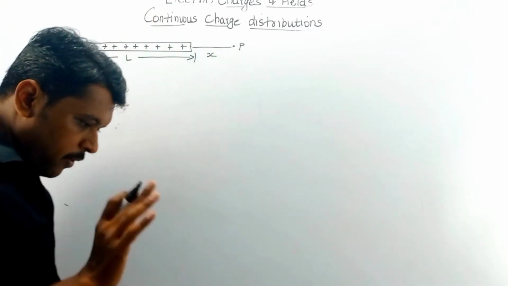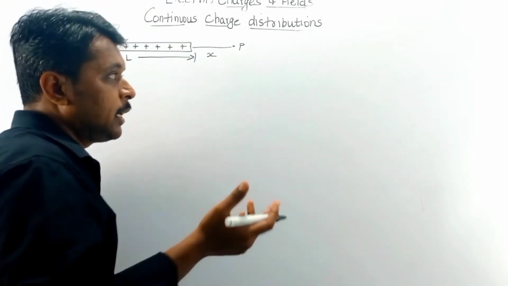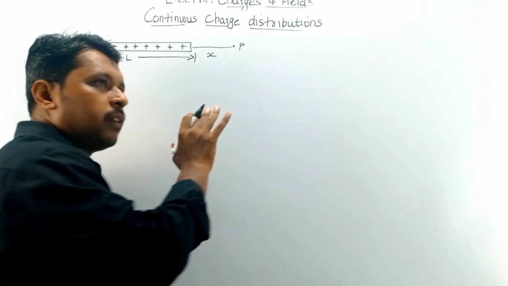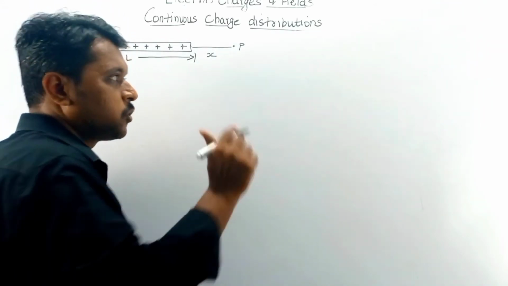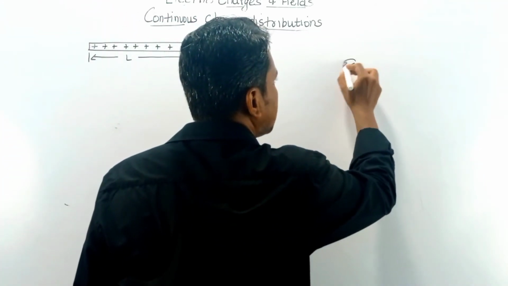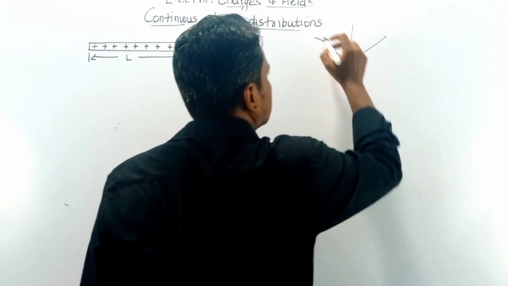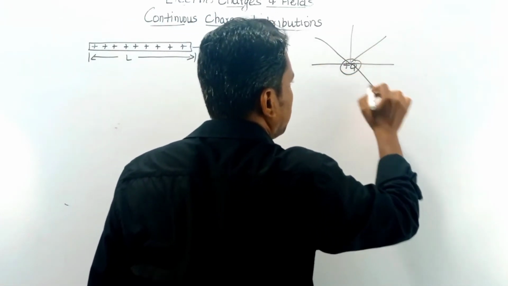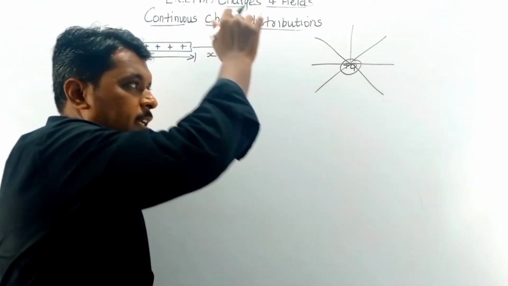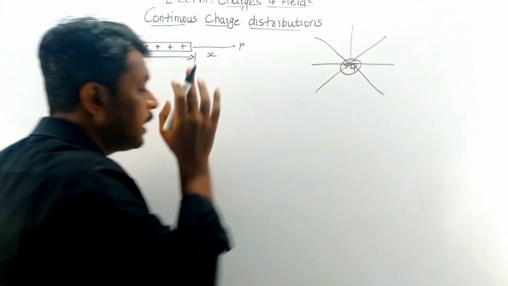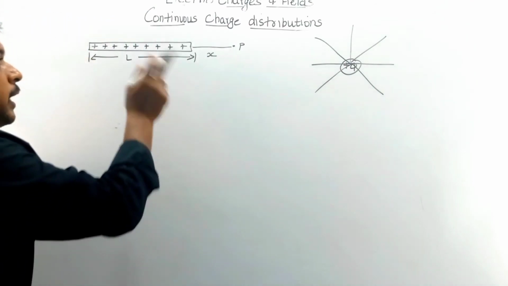Here we have to know the direction of the electric field of each point charge. For a point charge Q, the electric field for a positive charge is radially outward. This could be the direction of the electric field for each point charge, so let us apply it here also.